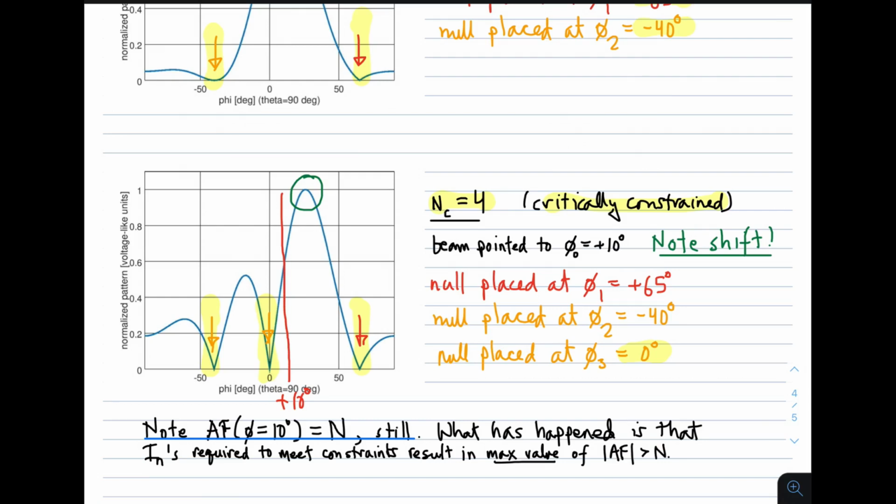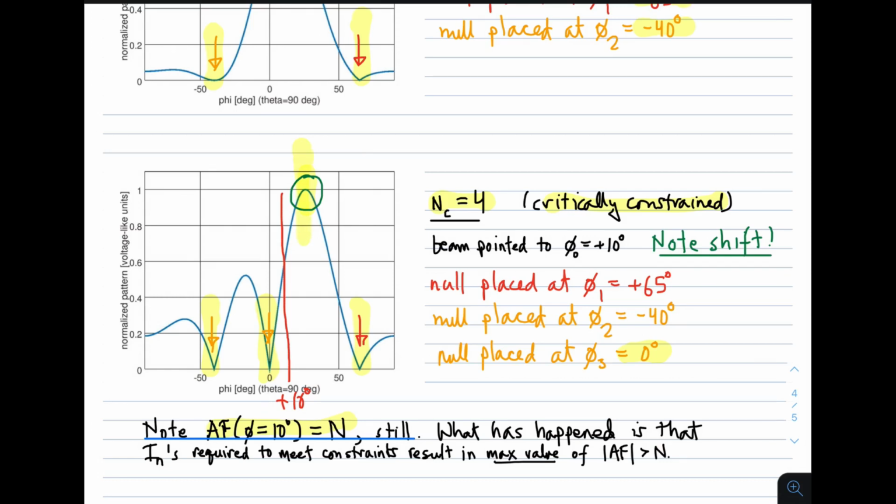Well, the answer is that if you look at the unnormalized array factor, the value at 10 degrees is still n, as we required. What's happened here is that the normalized pattern function goes to 1 at a different place, and that's because the array factor is achieving a value greater than n at this new location.